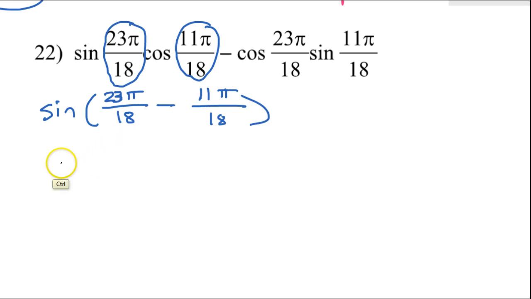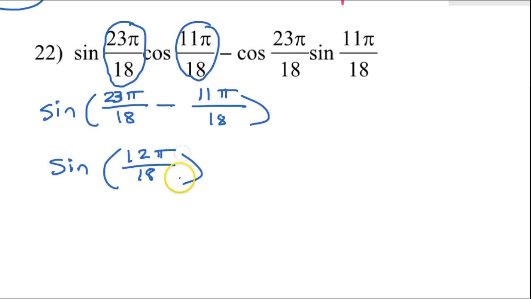That means I will have the sine of 12 pi over 18. Both of these are divisible by 6, so if I divide both by 6, I'm going to have the sine of 2 pi over 3.